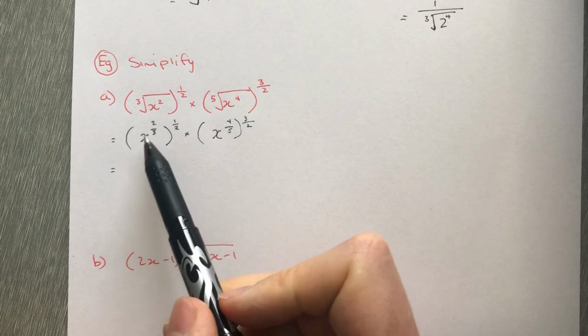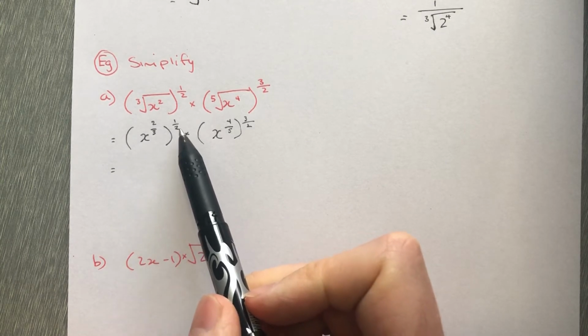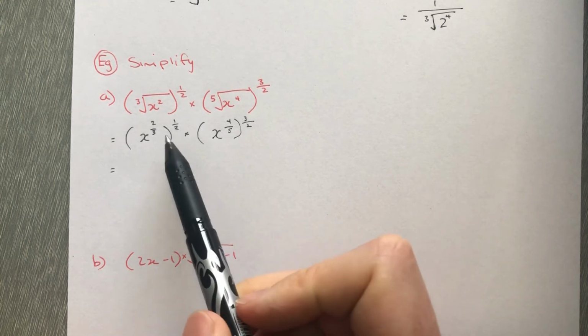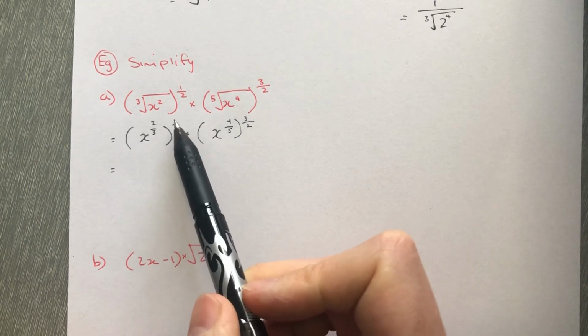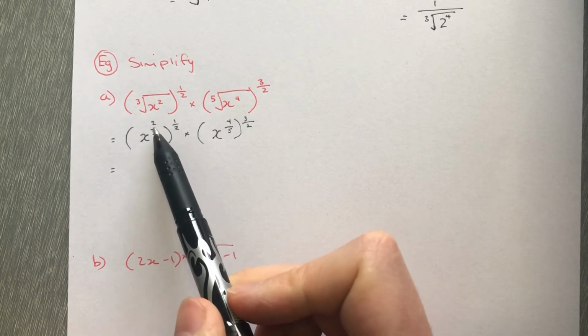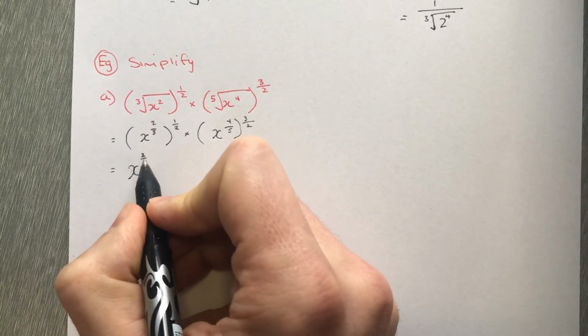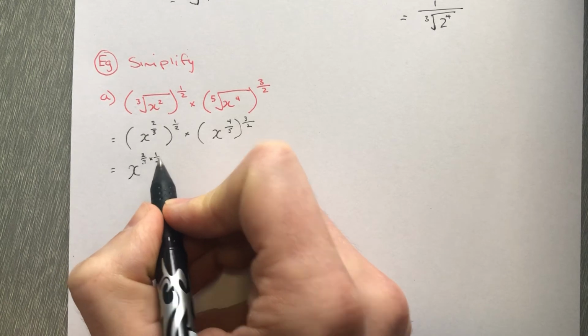With this form, it makes it a little easier to apply these powers on the outside. Remember, when we've got a power on the outside, we need to times it to the power on the inside. So we're going to have over here x to the power of 2/3 times 1 half.